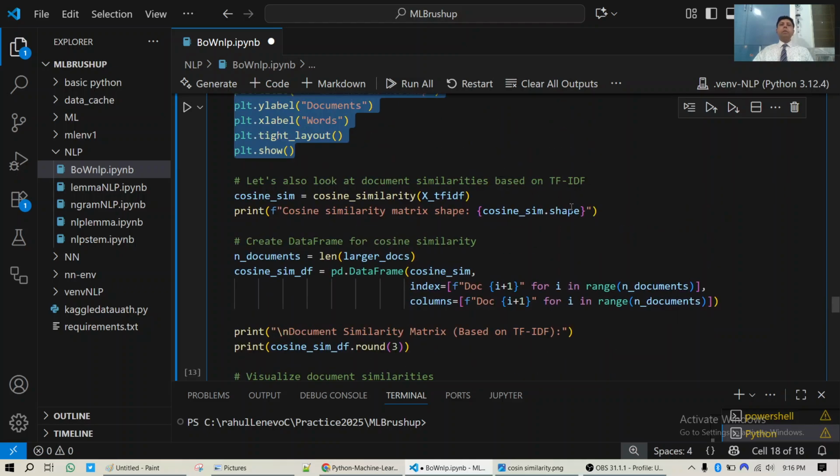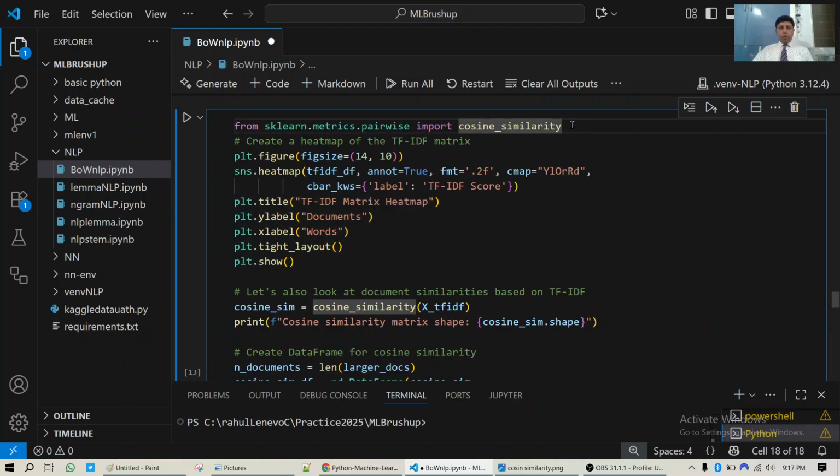So what is cosine similarity? It is a method to detect the similarities between two concepts, two speeches, two documents, or two vectors. I'm going to use one of the scikit-learn library functions, pairwise cosine similarity.